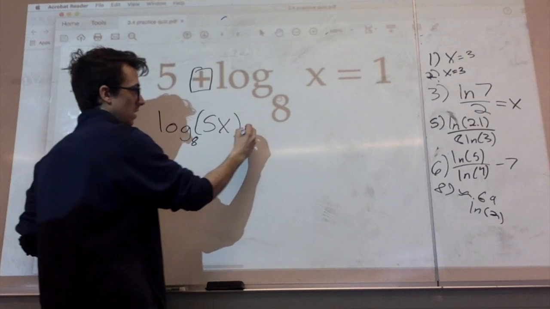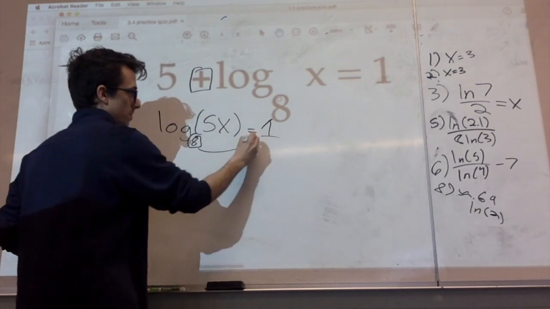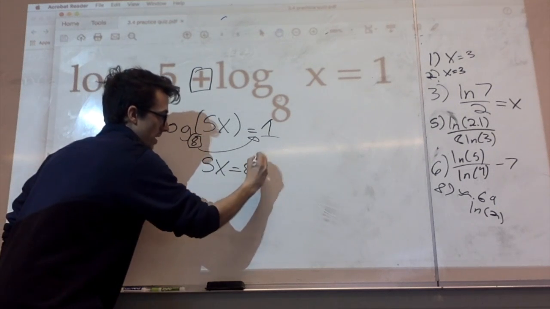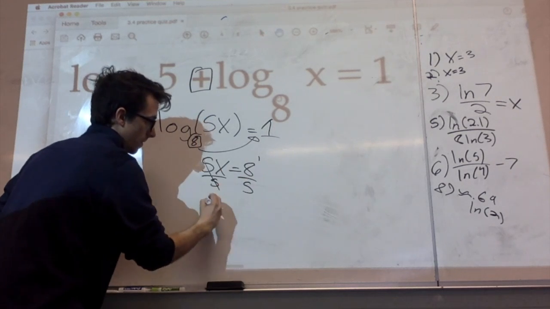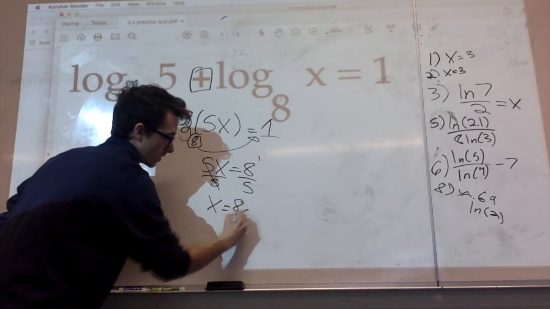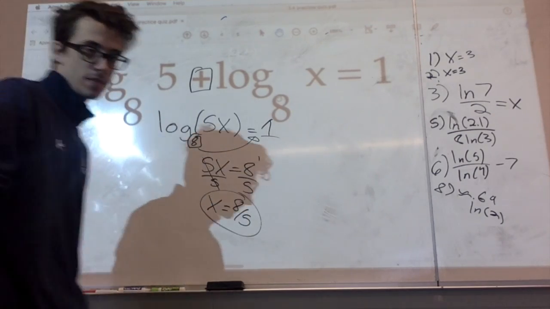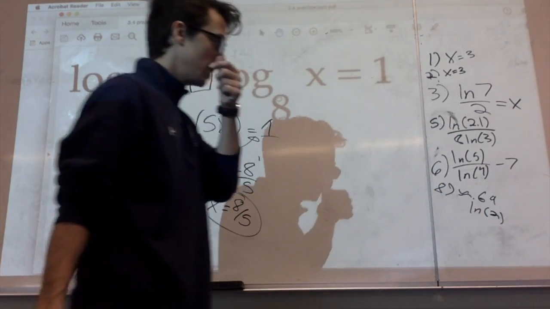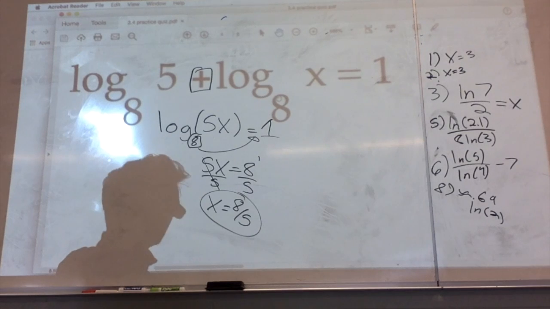Keep that base of 8, keep this equal to 1. Go to exponential form, bounce that over. 5x equals 8 to the first power. Solve for x. X equals 8/5. And you're done. So this is for problem 10 or 9, I think. I forget which one. So x equals 8/5.